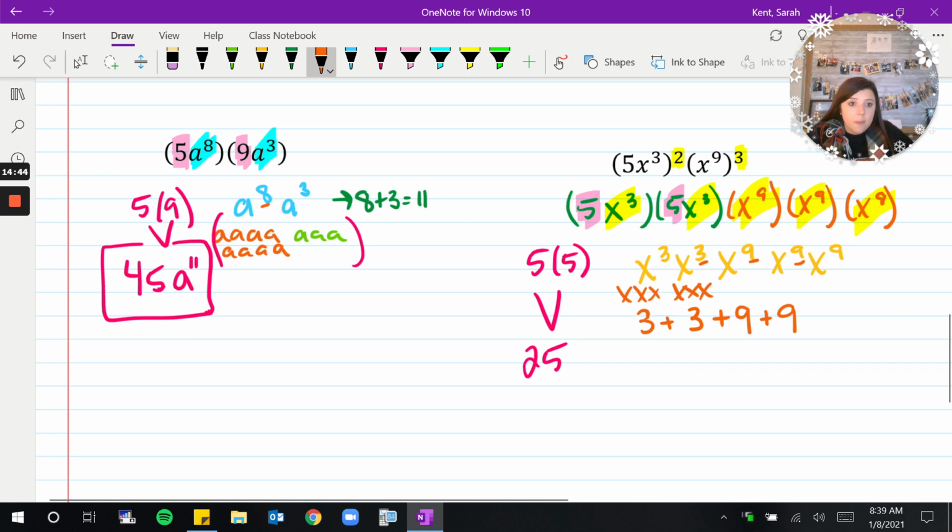Plus 9. Plus another 9. So I can add up all of these numbers. So 3 plus 3 will give me 6, plus 9 is 15, plus 9 is 24, plus 9 is 33. So for my final answer here, I would have x to the power of 33. So the whole thing is 25x to the power of 33.